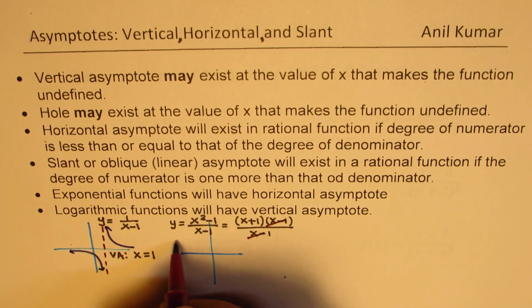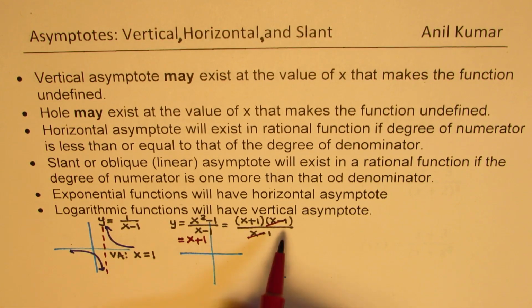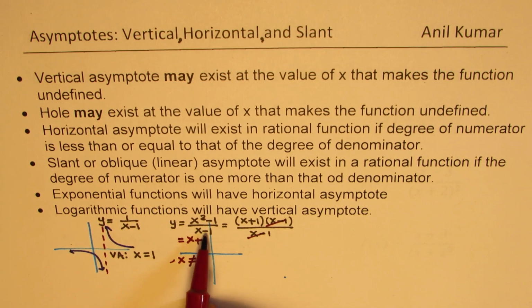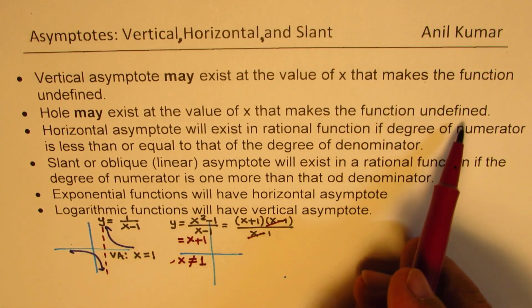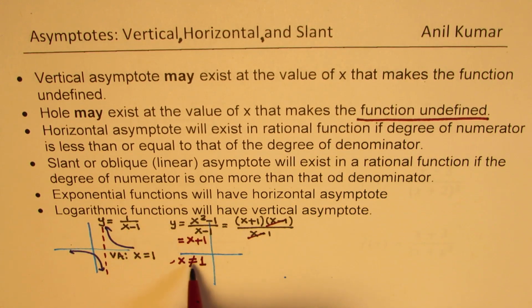So this is equal to x plus 1 with the condition that x is not equal to 1, since x equals 1 makes it undefined. So again, the function is undefined. In this case also, the function is undefined at x equals 1.